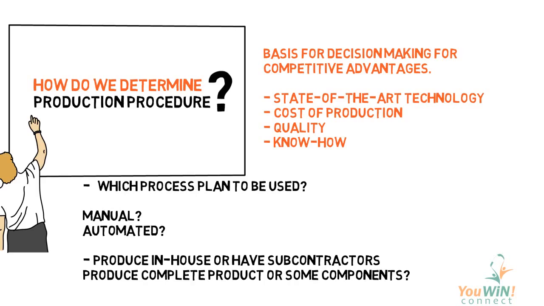Cost of production. Are we able to produce competitively? Are there people who are producing cheaper for the same quality or better? What's the quality of the production? Are we better at some part of the production process? Or is somebody else better than us in some other parts?